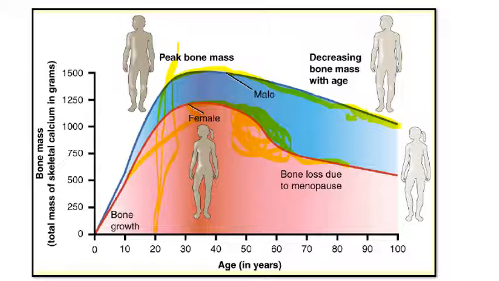So middle-aged women, you can't avoid having brittle bones during menopause, but you can lessen the severity of it if you make sure that you have lots of calcium when you're in your 40s and for the rest of your life.